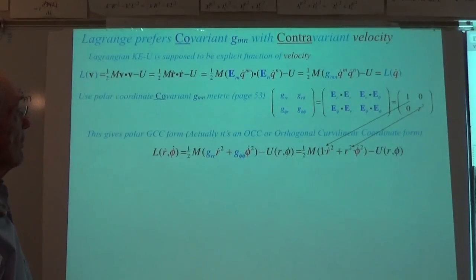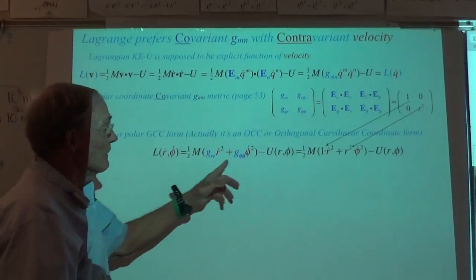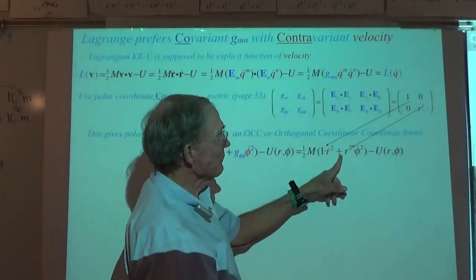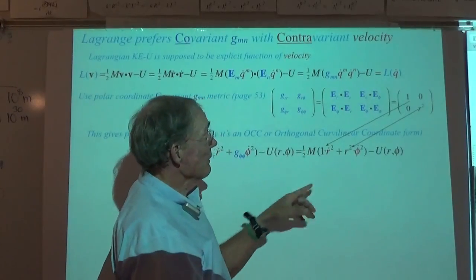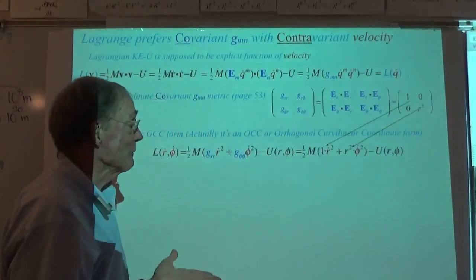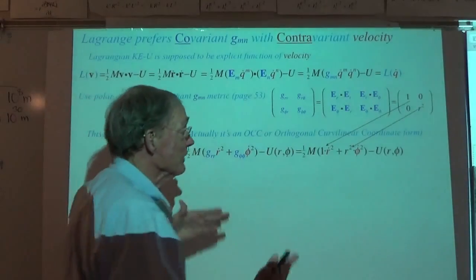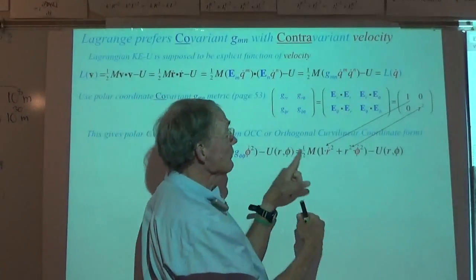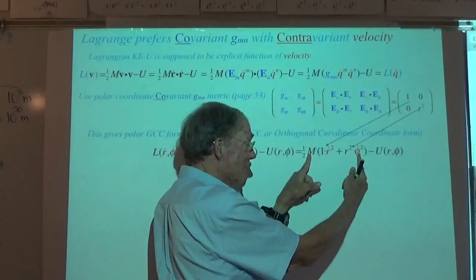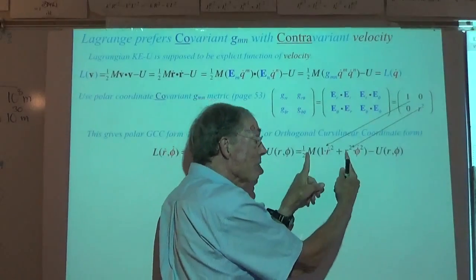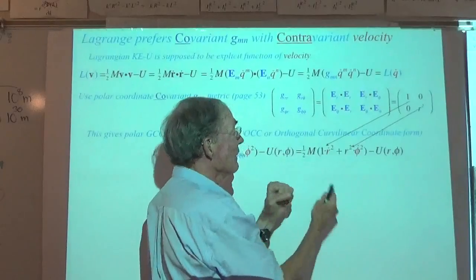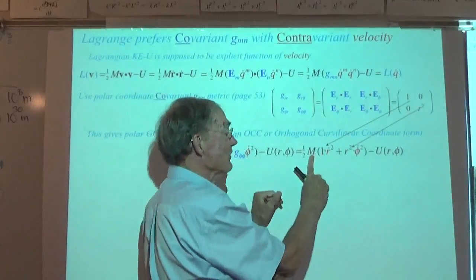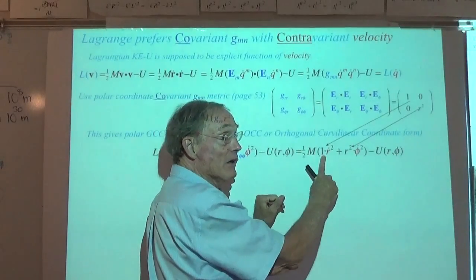Okay? So this is the way people would have just jumped in and written this for kinetic energy. But you see, it's already telling us something. It's telling us that the inertia that goes with the phi, that is m r squared, that's the rotational inertia. This one here we all know about, that's just m r squared, right?